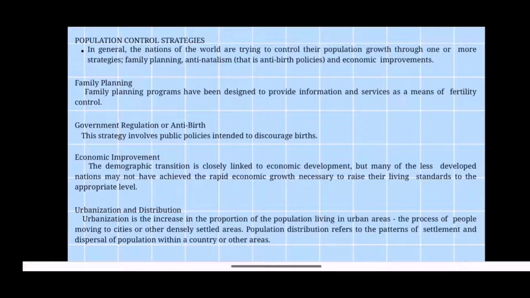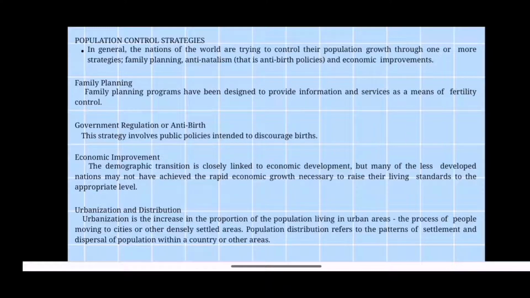And another thing is the urbanization and distribution. Urbanization is the increase in the proportion of the population living in urban areas, the process of people moving to cities or other densely settled areas. Population distribution refers to the pattern of settlement and dispersal of population within a country or other areas.